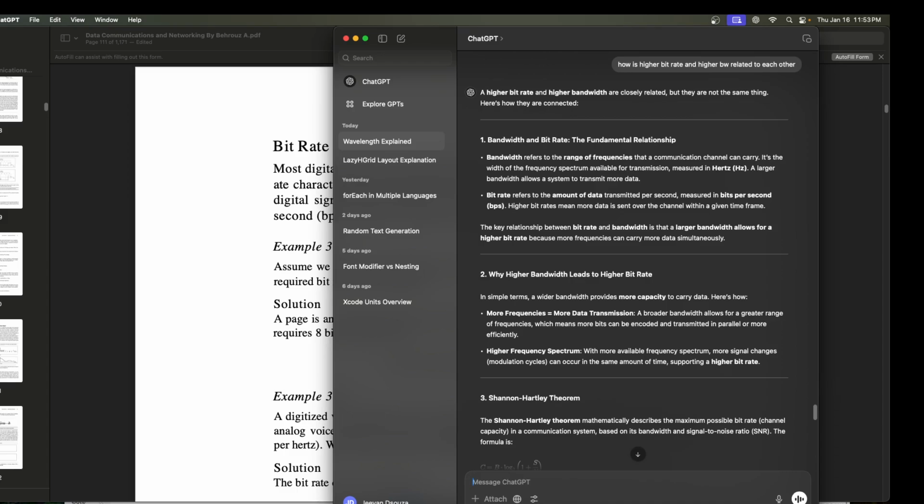What he's saying is, since more frequencies can be put on a bigger bandwidth, more data is being sent.